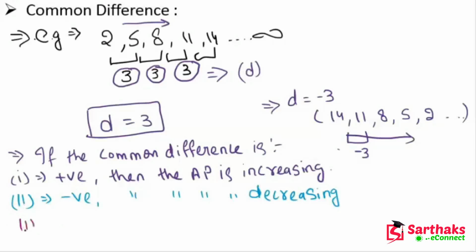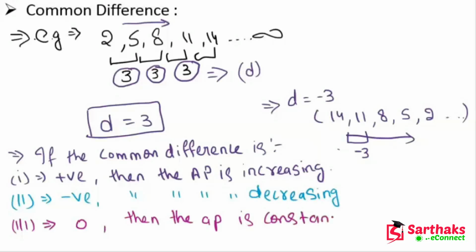So the third point is that if d is 0, then the AP is constant.